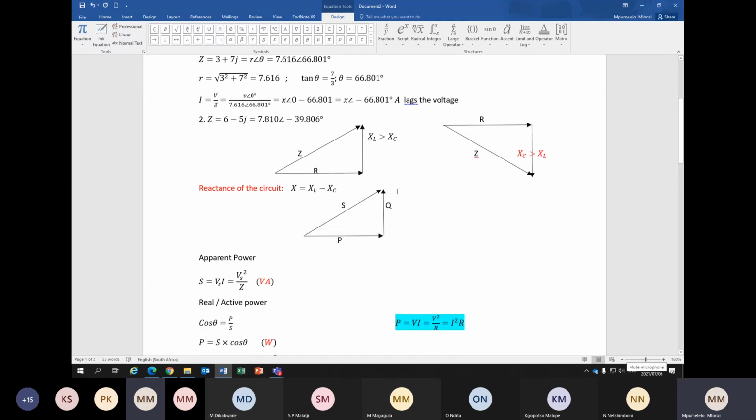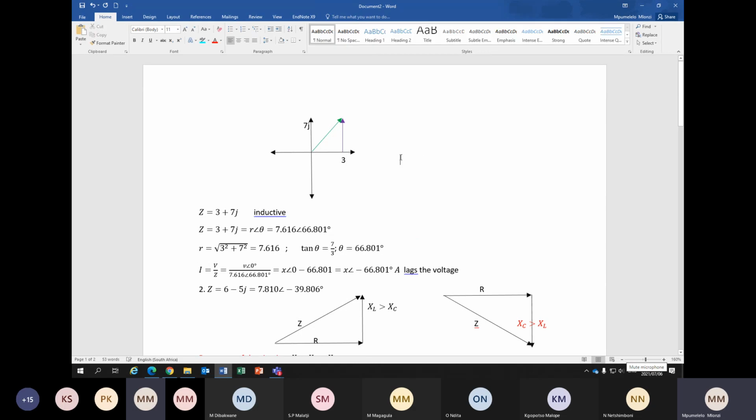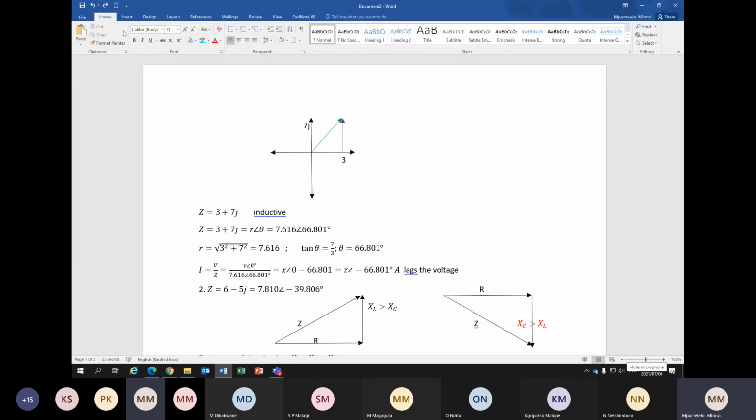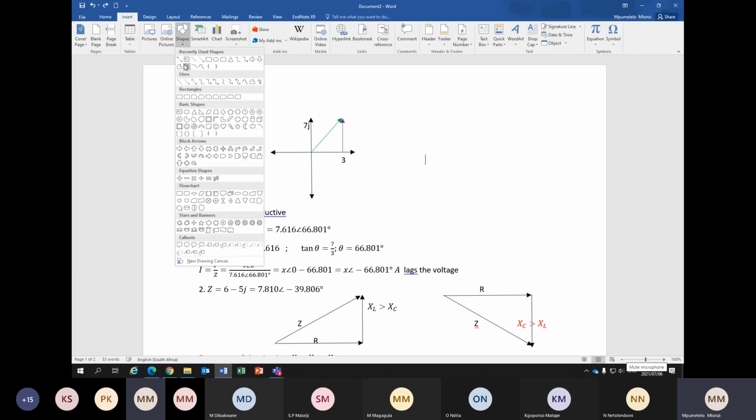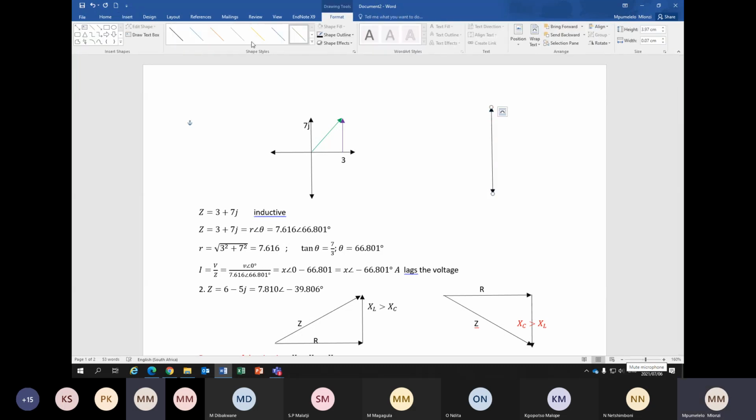Let's go back to, okay, let me draw another one here. Let's draw a phasor diagram. All right, then let's look.